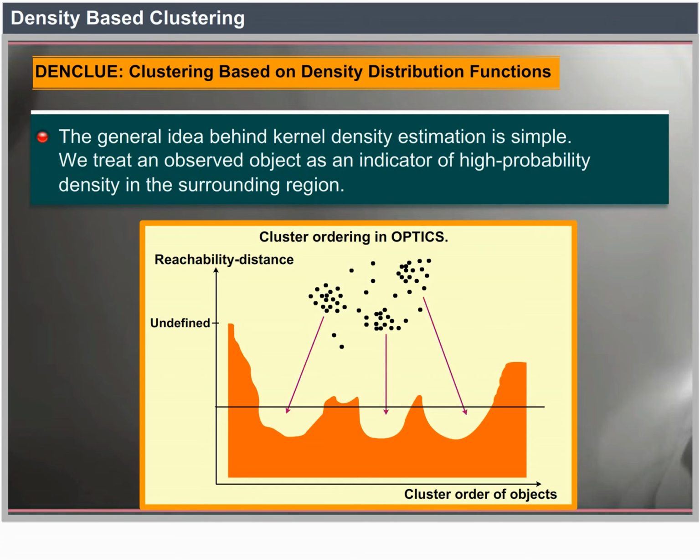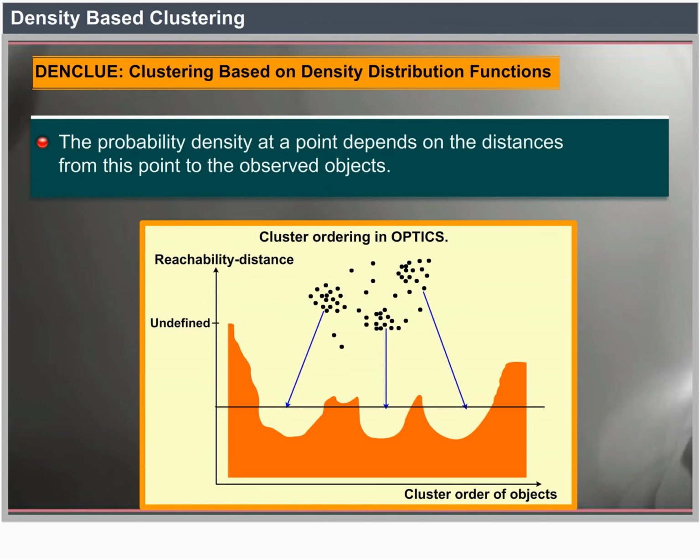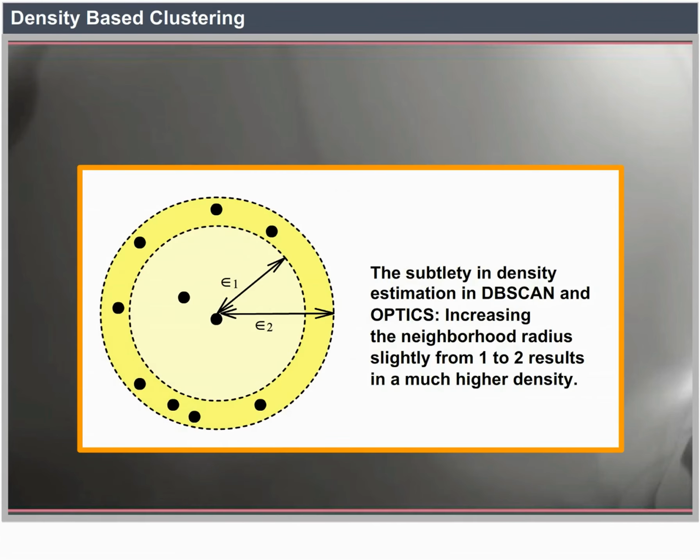We treat an observed object as an indicator of high probability density in the surrounding region. The probability density at a point depends on the distances from this point to the observed objects. The figure shows the subtlety in density estimation in DBSCAN and OPTICS. Increasing the neighborhood radius slightly from 1 to 2 results in much higher density.